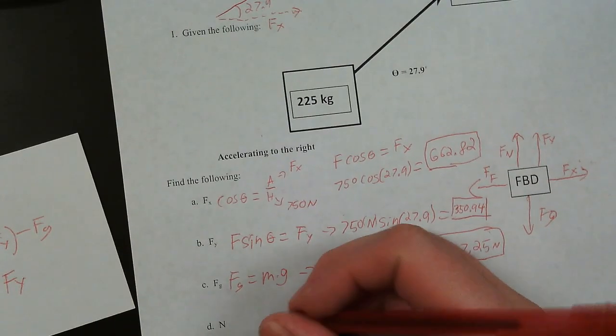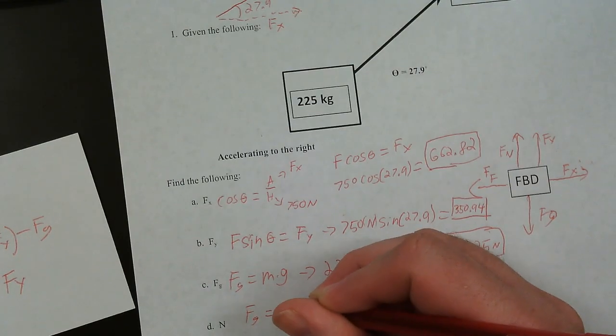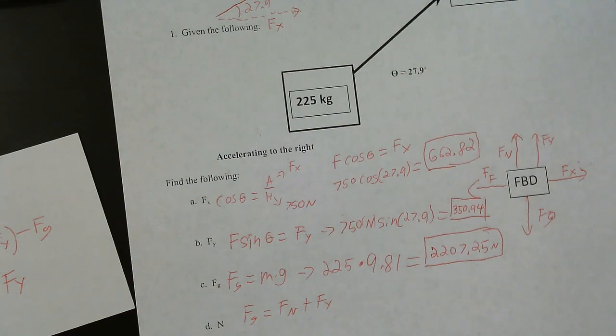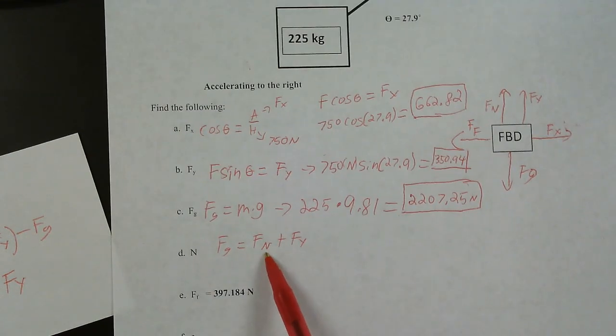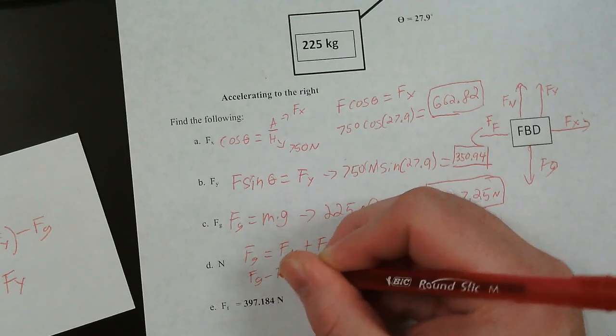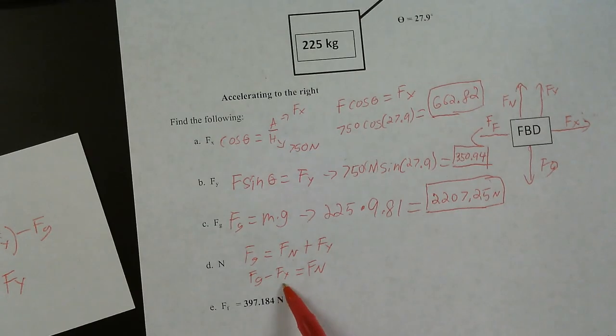So my formula here, Fg equals Fn plus Fy. If I am solving for Fn, I'm going to have to subtract Fy to the other side. So that's going to give me Fg minus Fy equals Fn. That's what I'm going to go ahead and do here.